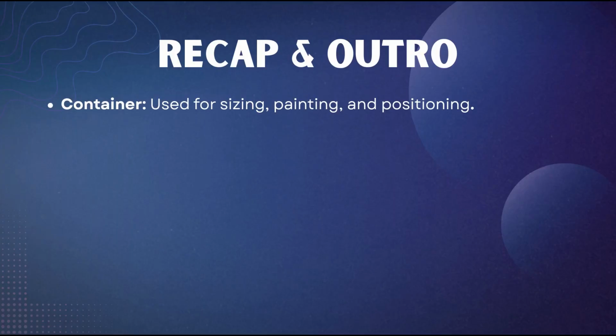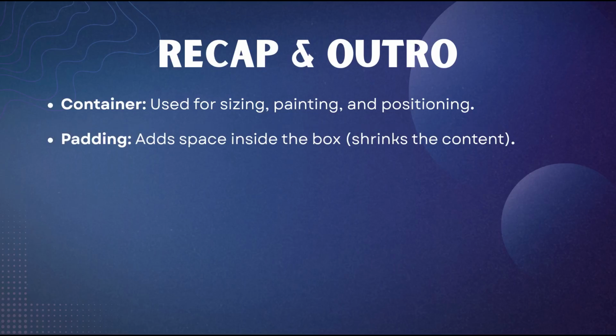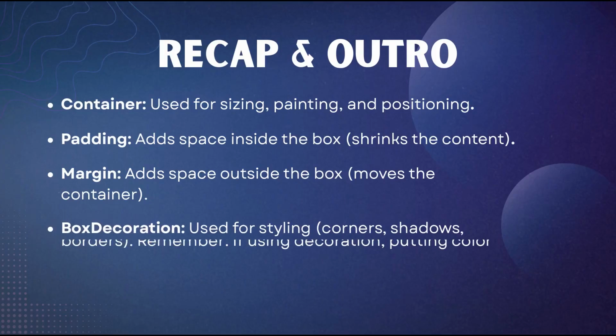Container is used for sizing, painting, and positioning of elements throughout your screen. Padding. It basically adds space inside the box, which in turn shrinks your content, moves it away from your border. Margin. It adds space outside the box, it physically moves the container itself, and it adds space in between different containers.